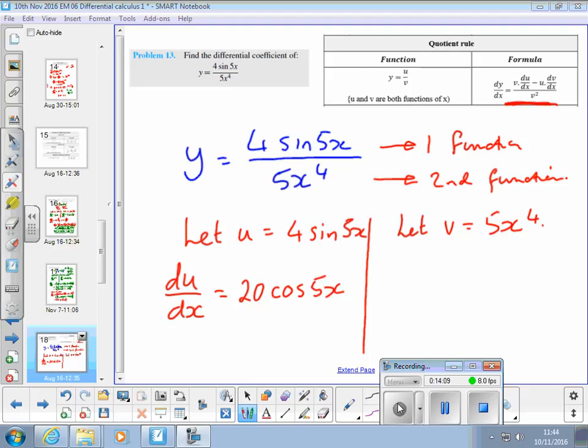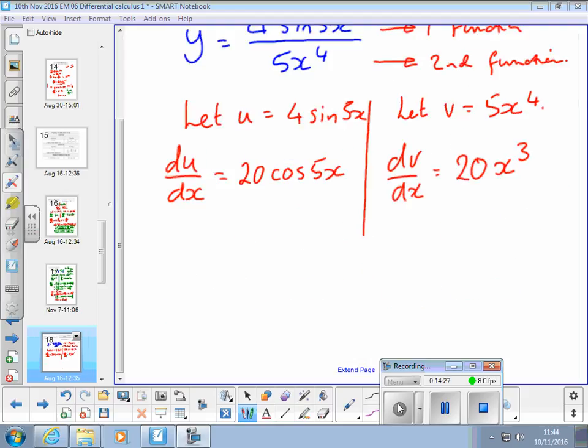Yep. dv by dx. So that's 4 times 5 is 20 x to the 3. Yep. And what we've got to do is plug it into the formula. If you tell me what to write, I'll write it.